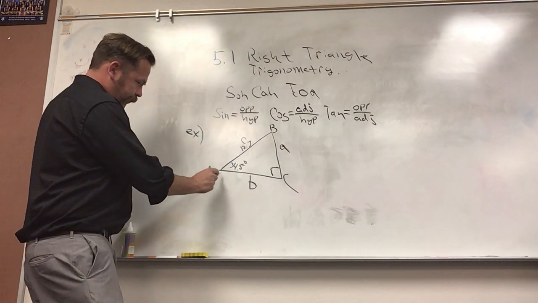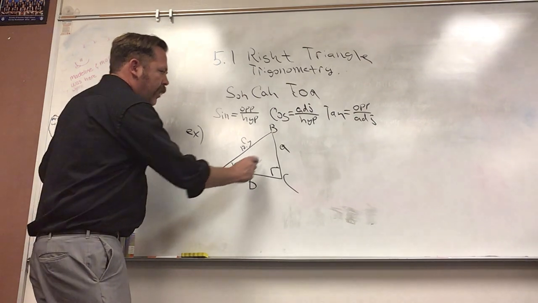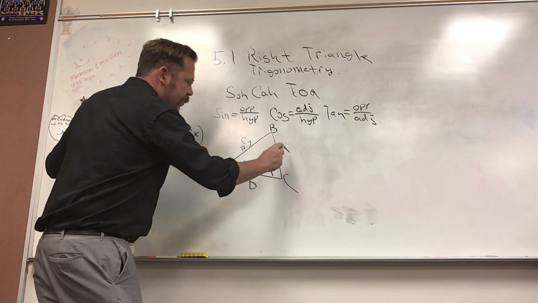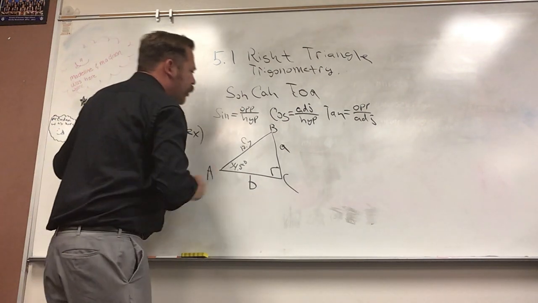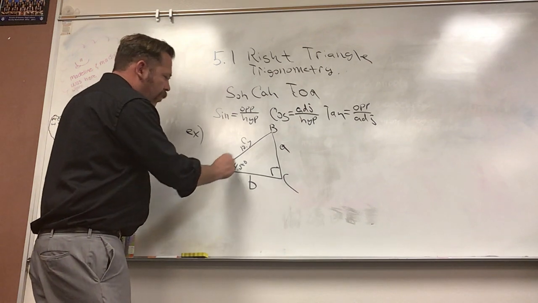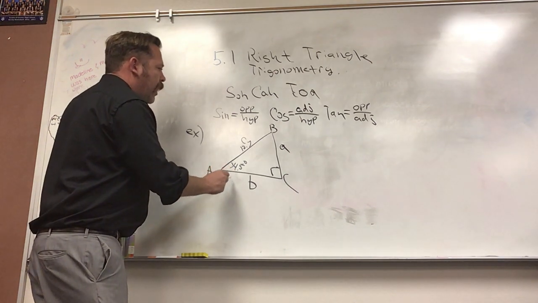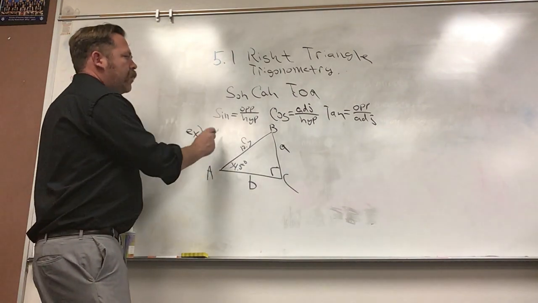If you look at angle A, that's 34.5 degrees, I would describe a as opposite, and we know the hypotenuse. So which of the trig functions will we want to use if I know this angle, I want to find the opposite, and I know the hypotenuse? Look at sine.